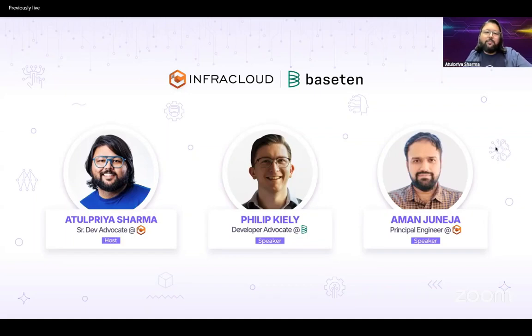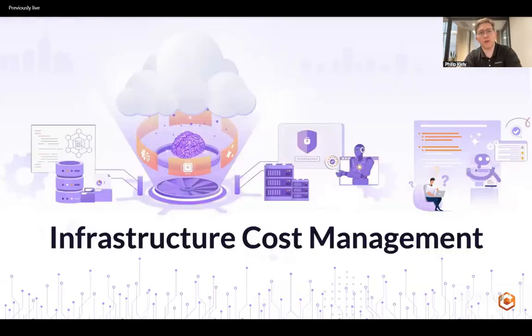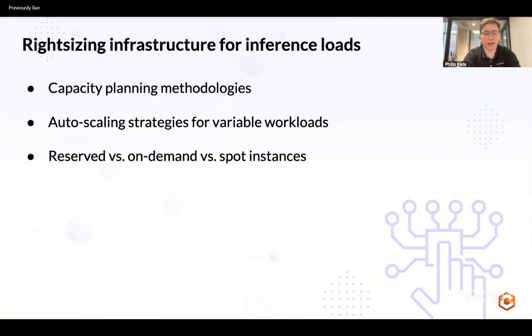What is that one or two areas that you always look at and say that, hey, there's something that can be improved? Yeah, when I think about improving cost characteristics for AI infrastructure, it generally comes down to two things. One is the infrastructure itself. Are we provisioning our resources correctly? Are we scaling appropriately with traffic and demand? But I think, honestly, the bigger one often comes down to model performance.